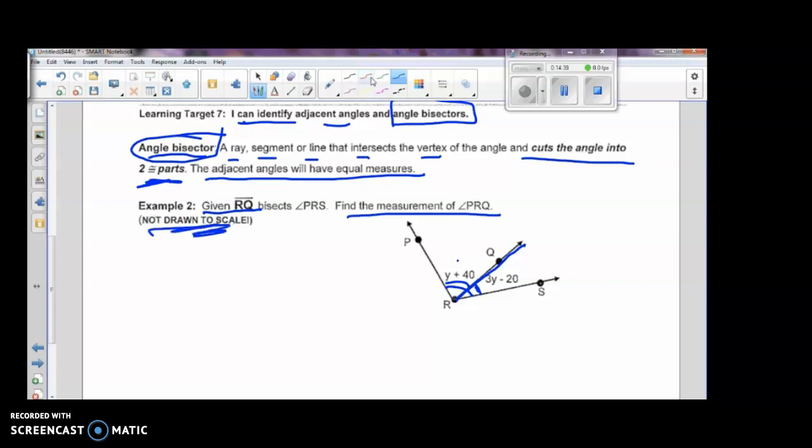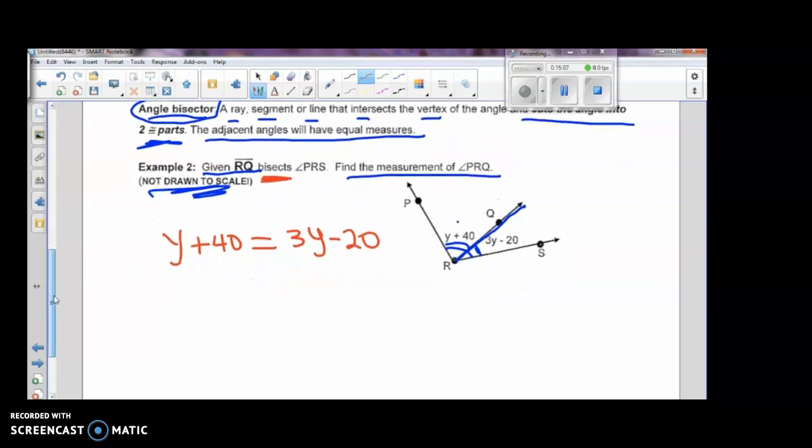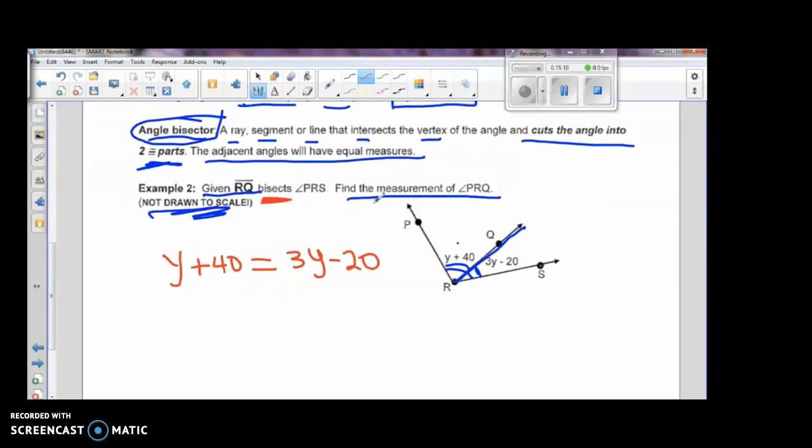And now this is super important. It's not drawn to scale. If it were actually the case that PRQ was bigger than QRS as it appears on the diagram, we would not be able to solve this. But since it says it bisects it, we just know that the two angles are equal to each other. So we write ourselves an equation and do a little algebra. Why don't you pause the video and try to solve this? In the meantime, I will keep going.